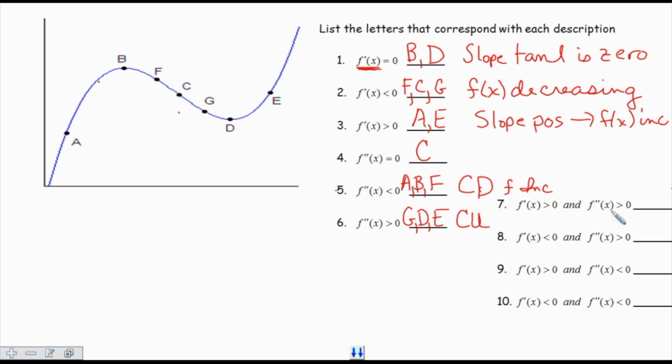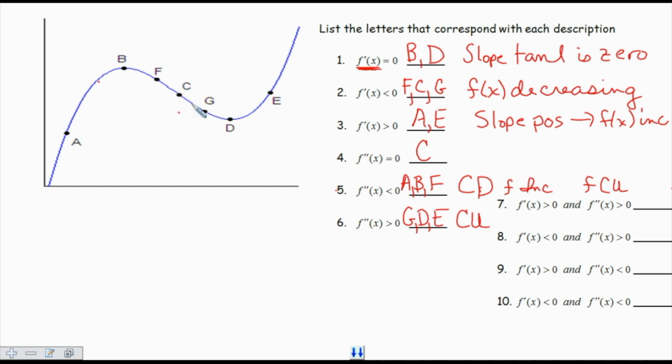And where is it? And I got to interpret, what does that mean about F? F is concave up. So now I'm going to go along the graph and go along the graph, and I'm going to try to find the place where F is increasing and concave up. So I'm increasing, but that's concave down all the way to there. So that cannot be a part of the answer.